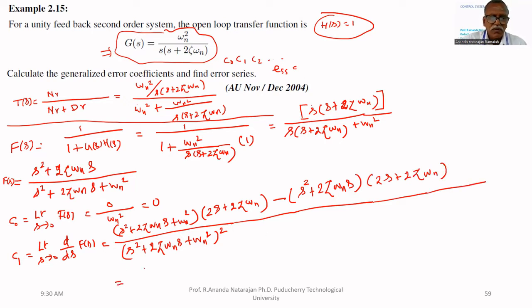So what is common? 2s plus 2 zeta omega n is common in the numerator.